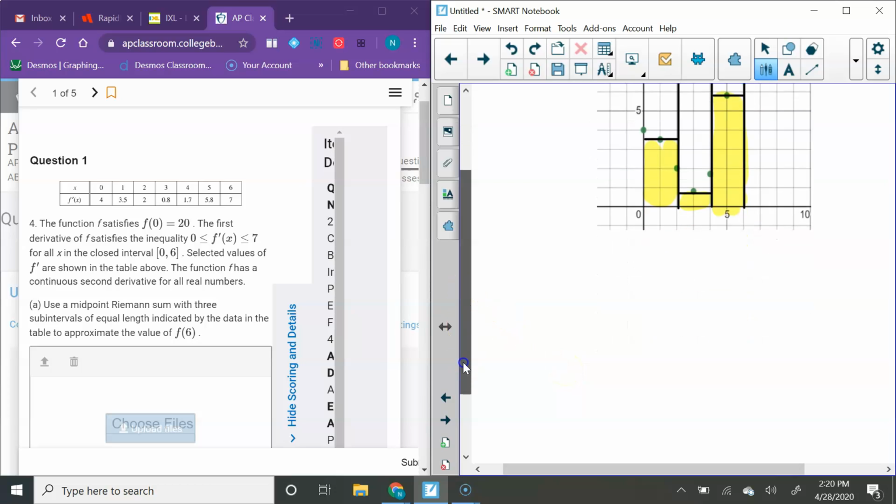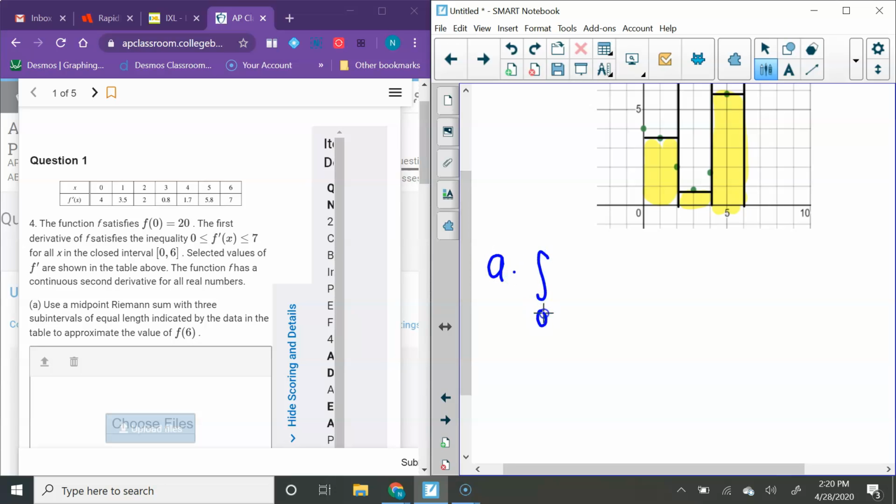So if we have those 3 rectangles, the width of each rectangle is 2. So what we're estimating here is the area under the curve from 0 to 30 of f prime of x dx. So the area under the curve is approximately, don't use the equal sign here because it's not exact, 2 times the height of that first bar, which is at 1, so that's 3.5 over here.